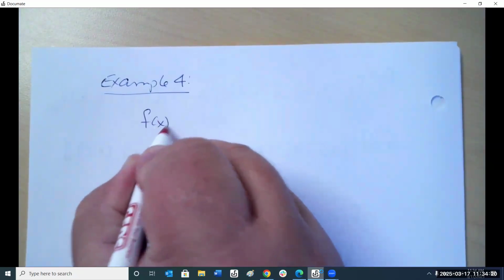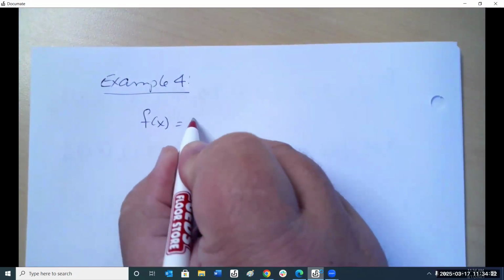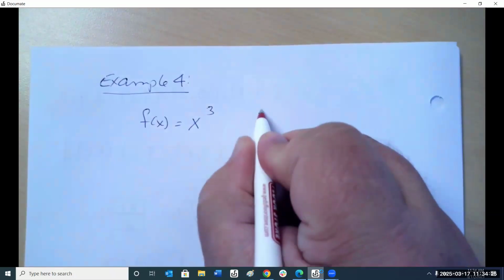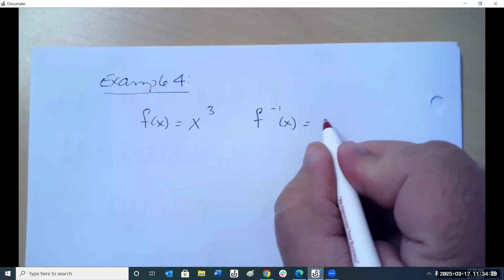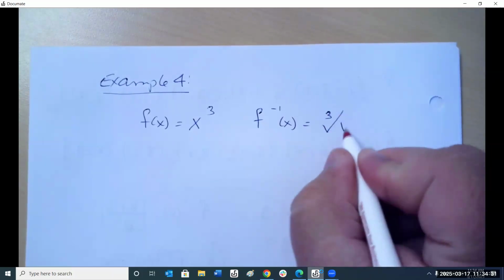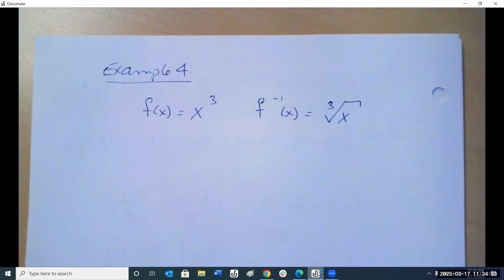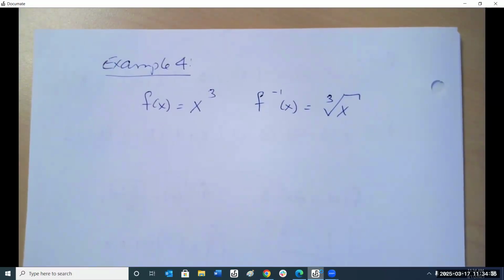f of x is equal to x cubed. The inverse is equal to the cube root of x. Prove that they're inverses. Verify their inverseness.